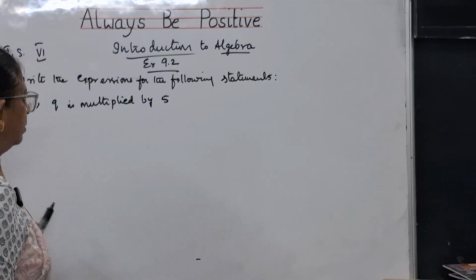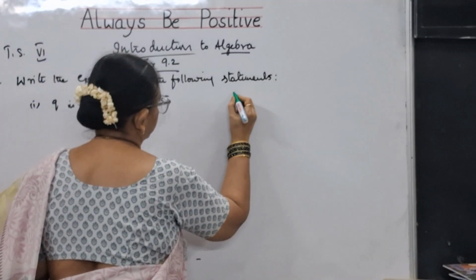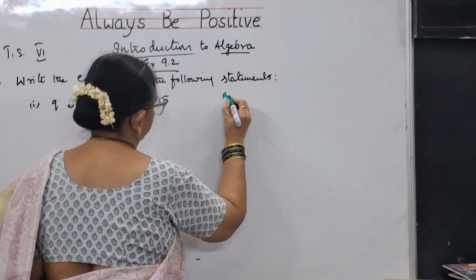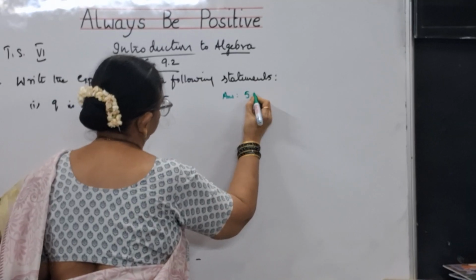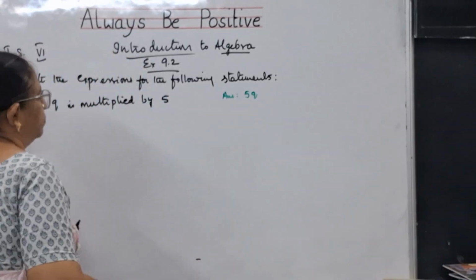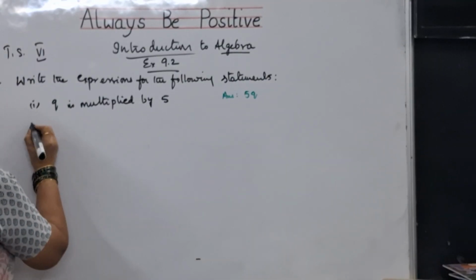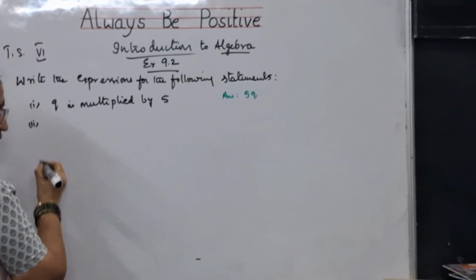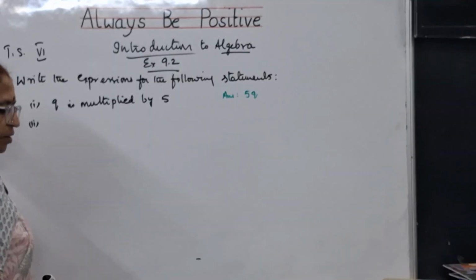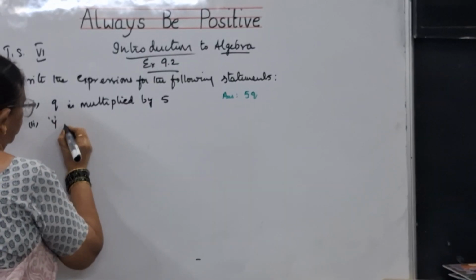That means the solution here is 5Q. This is the answer. 5Q is the answer. Now, second bit, Y is divided by 4.